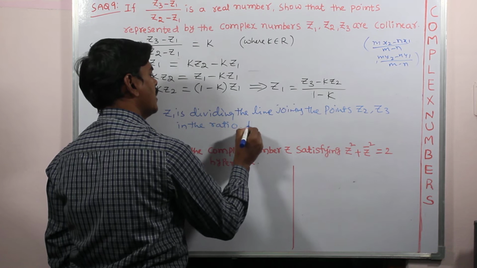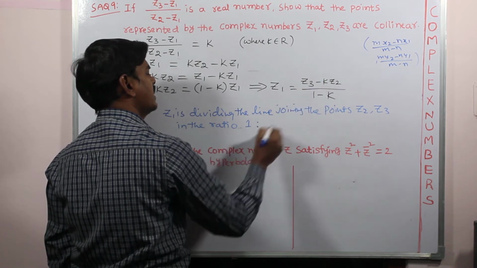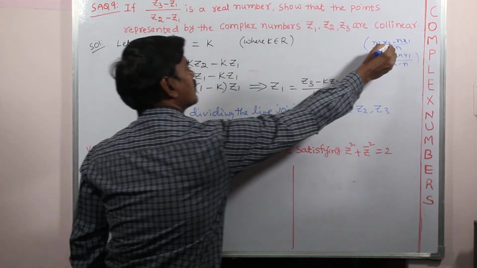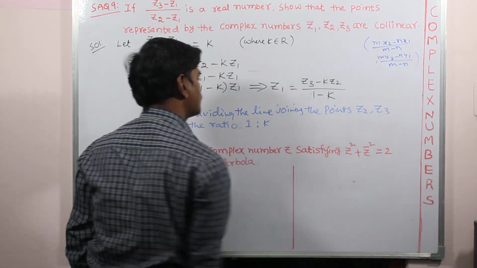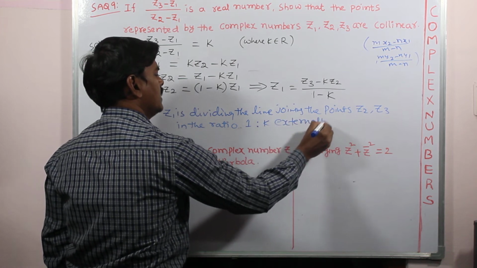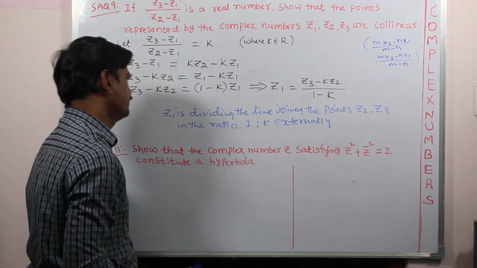In place of m we have 1, in place of n we have k. So the ratio is 1 is to k. The minus in m x2 minus n x1 represents external division, externally. Okay, this is the point you have to understand.